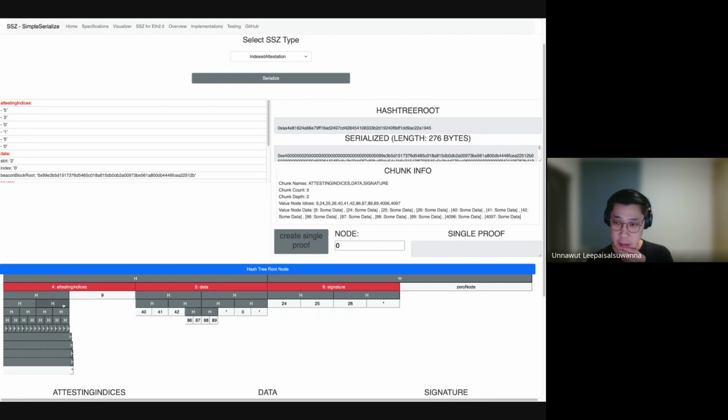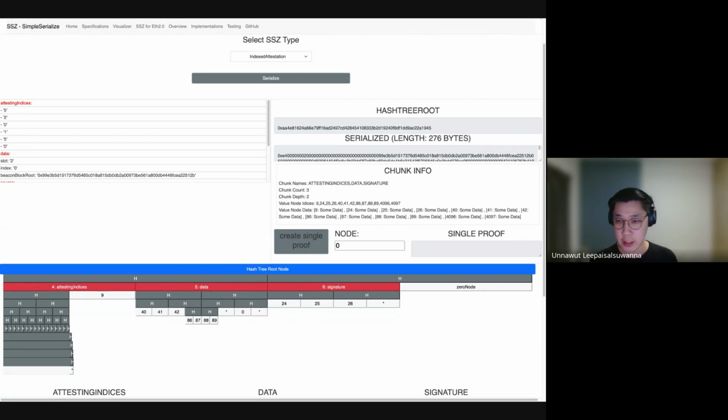I think most of the SSZ libraries also have a lot of built-in helper functions in order to do this. For example, if you have a number of data here, you can put it into a function that would calculate that. For example, if you have 6 items to Merkleize, then you can put it into a function and it's able to calculate how many fillers you actually have to add on.